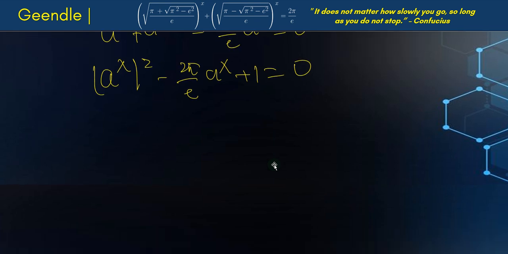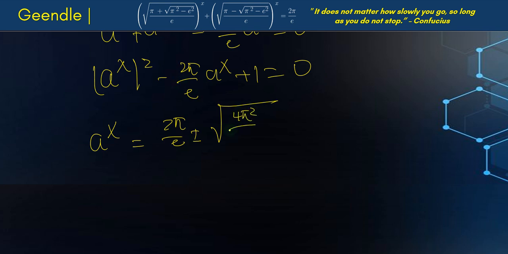So guys, solving this equation here, we're going to have that a to the x is equal to minus b, which is 2 pi over e, plus or minus the square root of b squared, which is 4 pi squared over e squared, minus 4ac.